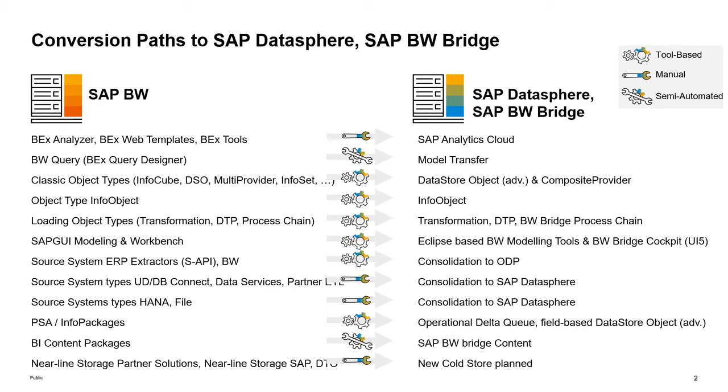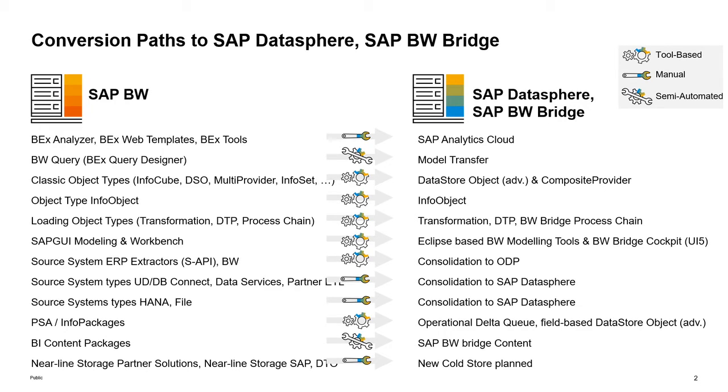Similar concept here for the source system types of HANA and file. And then for PSA and InfoPackages, the conversion tool helps with that process, where we'll now see things as ODQ, operational delta queue, and then maybe field-based advanced DSOs as well.